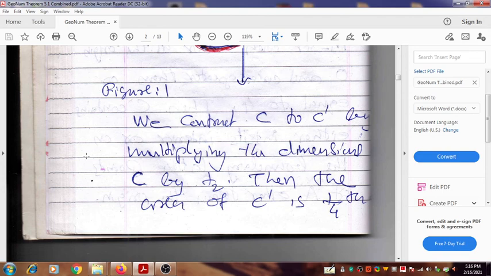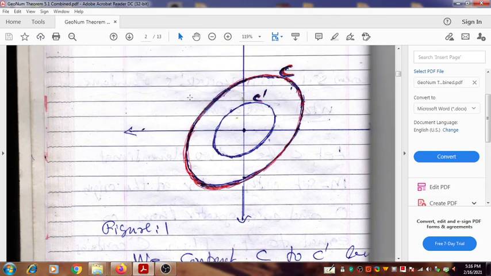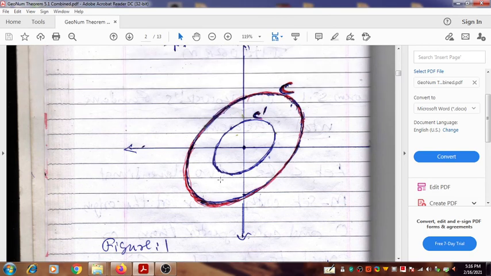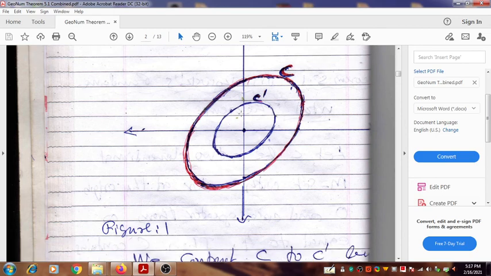By multiplying the dimension of C by 1/2. Uniformly we contract it. You can see that when we contract C to a smaller M set having its dimension half of the dimension of C, this is the figure, and then you get C dash.